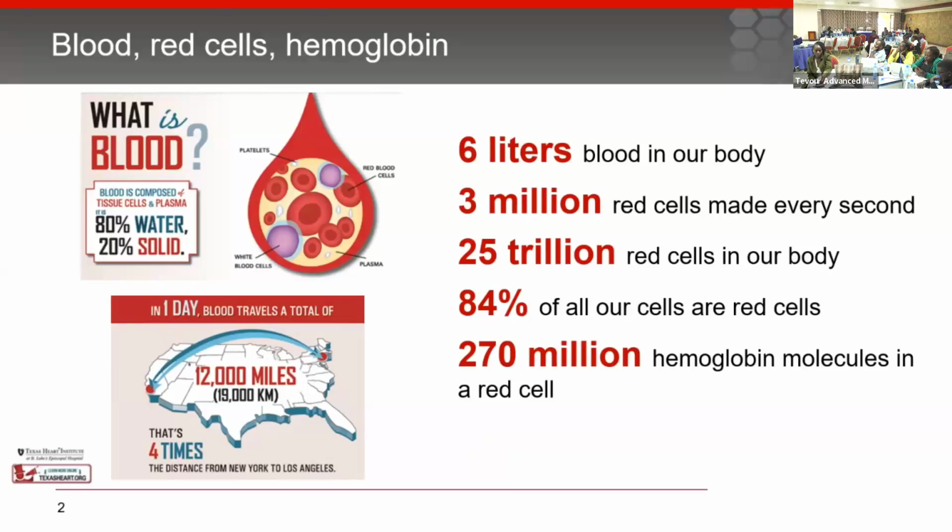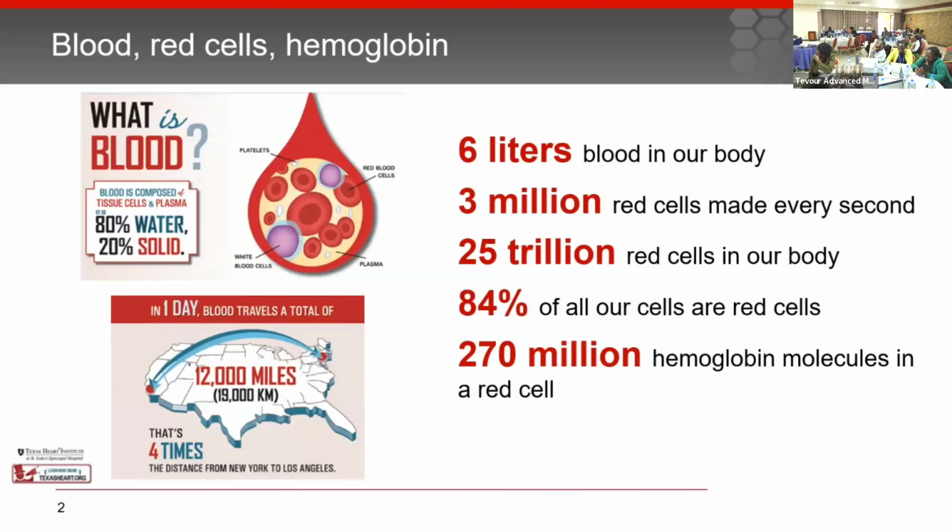So we all know blood is a very important component. Specifically, its major role is transportation of oxygen from the lungs to the tissue. Just as we are seated right now, each one of us has 6 liters of blood, and 3 million red blood cells are being produced every second as we are speaking now.